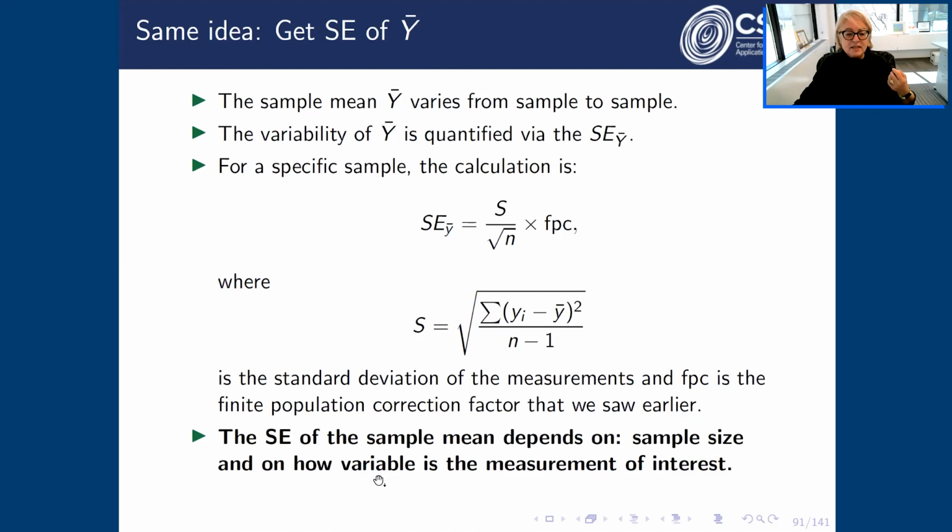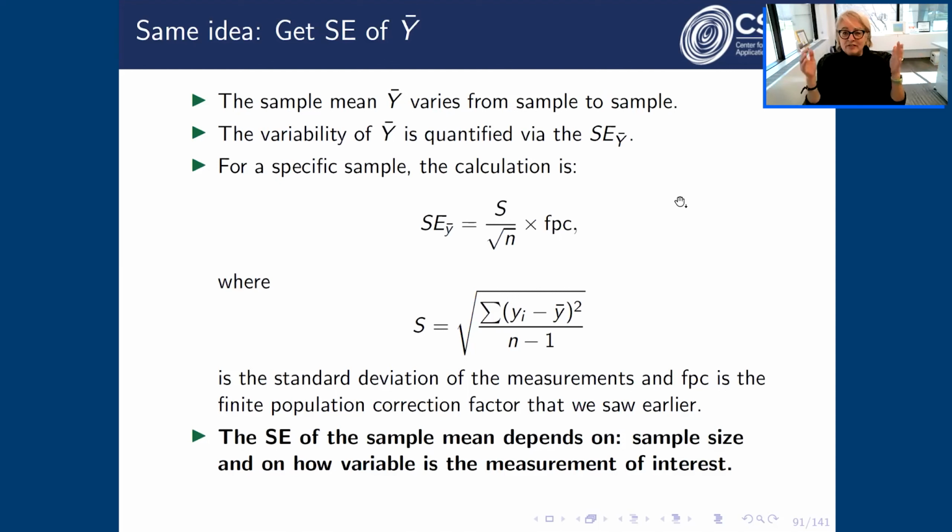So what does this depend on? The standard error of the sample mean depends on n. It also depends on S, which is an estimate of the population variability of this attribute.